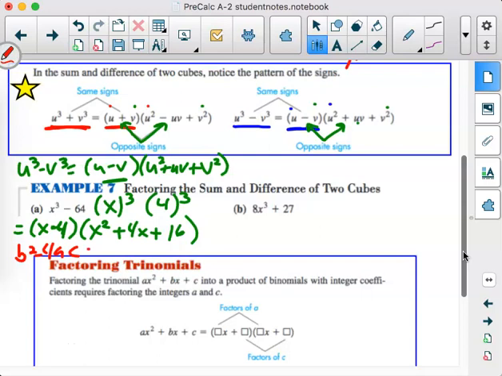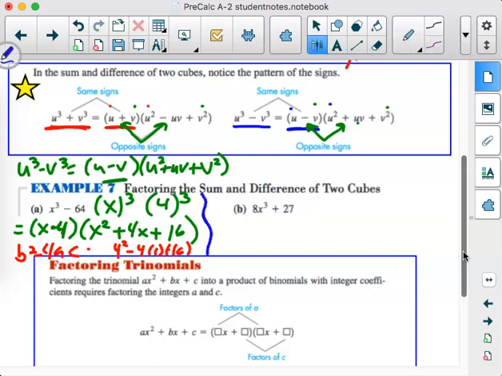So we've got ax squared plus bx plus c, and in this particular problem that would give us 4 squared minus 4 times 1 times 16, and that's going to be 16 minus 64, which I know is negative, and you can't have a perfect square that's negative. So I know I'm done. And like I said, 95 to 98% of the time with these difference in sum of two cubes, you are finished when you get to that point.